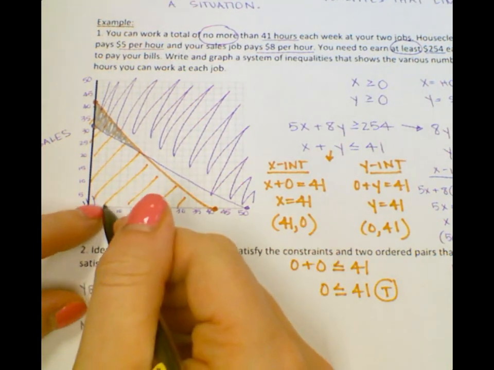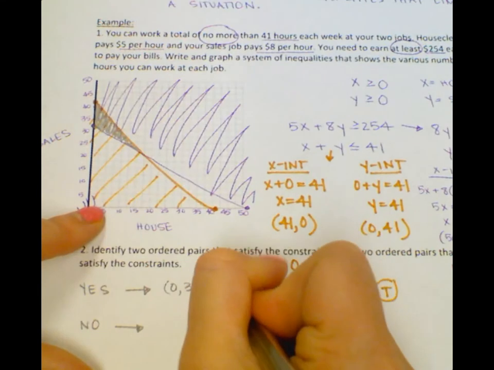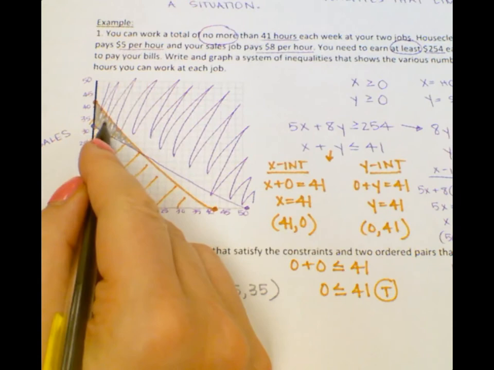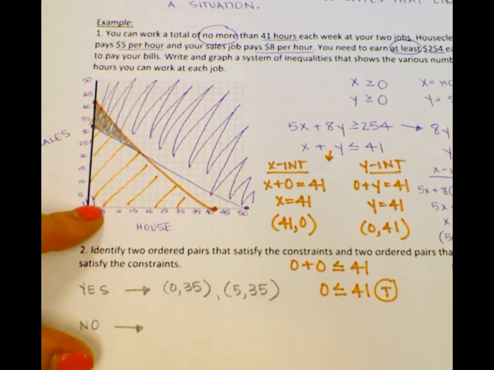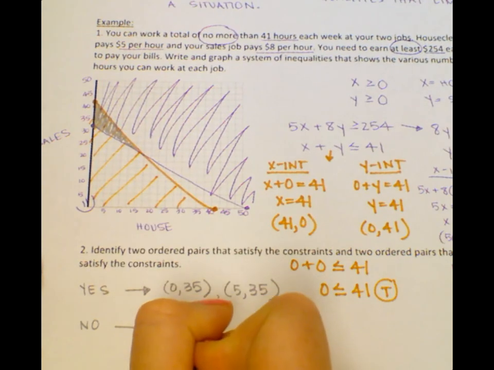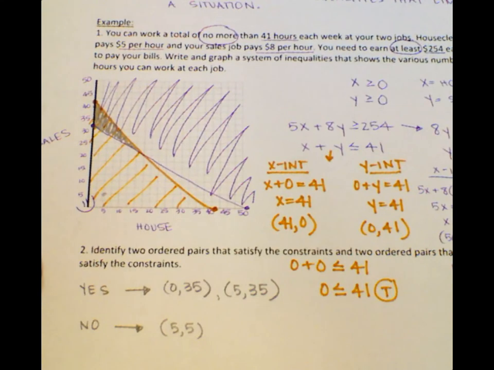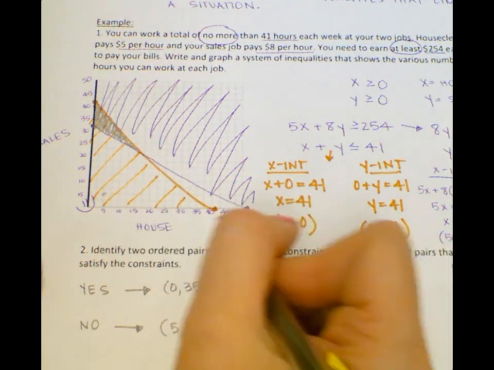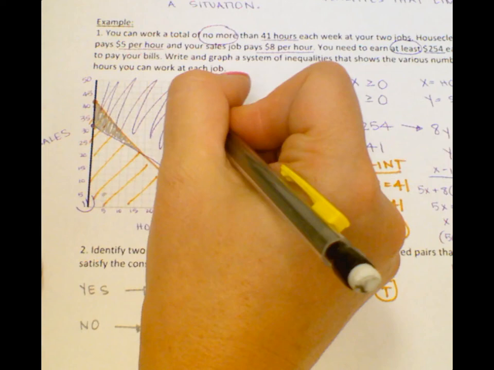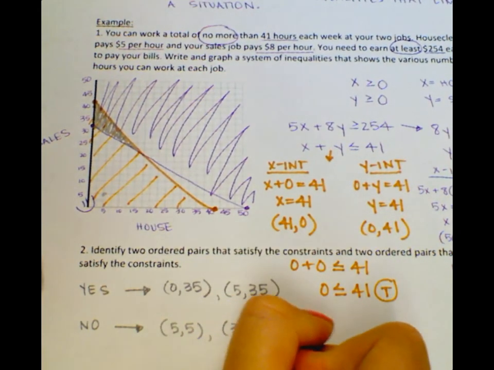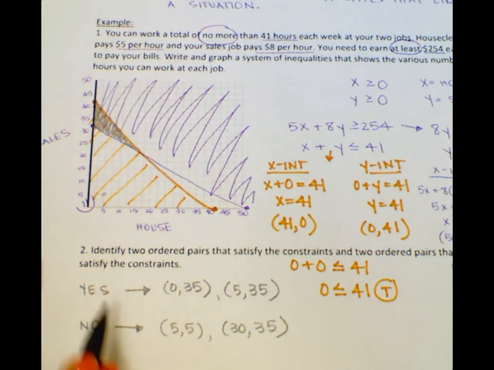What about 5, 35? Yeah, that would be in there. So anything that is in this pencil shaded region is going to work. And then the no is anything that's not in the pencil region. So let's go 5, 5, because that would be here. That's not in the shaded region. Let's go 30, 45. That would be up here. So that's not in the shaded region. Okay, so yes in the shaded, no not in the shaded.